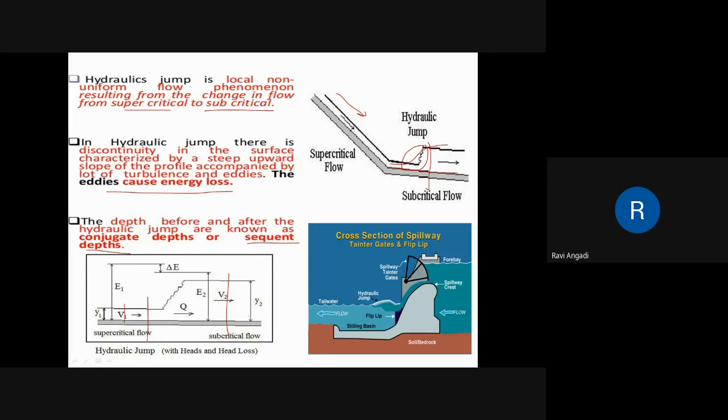These two depths are what we call conjugate depths or sequent depths. This is the cross section of a spillway or a tainter gate. Behind the dam the water is flowing, and over the dam spillway the water falls down. Here the hydraulic jump is taking place, at the toe of the dam.